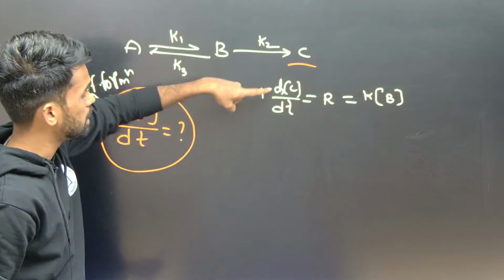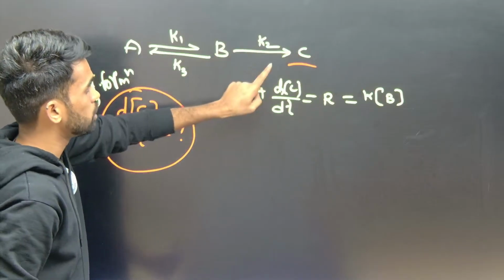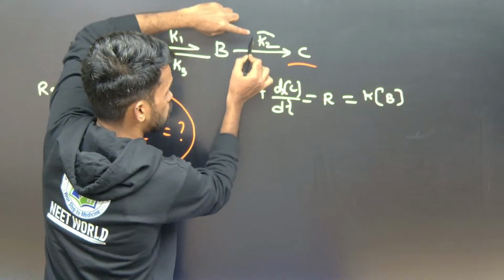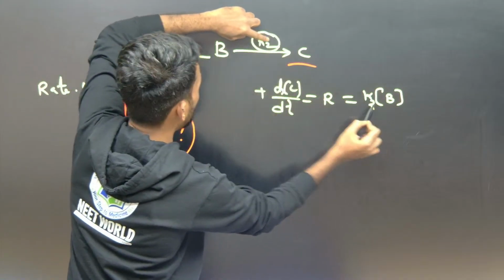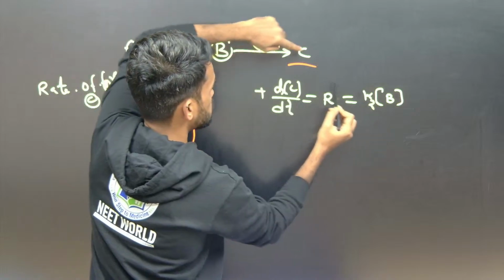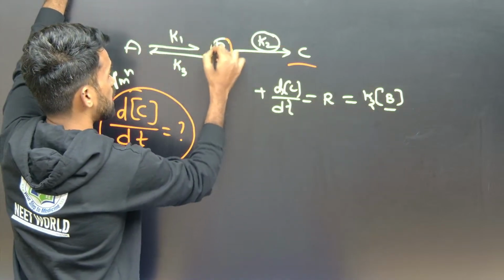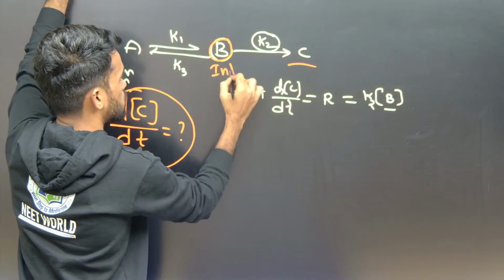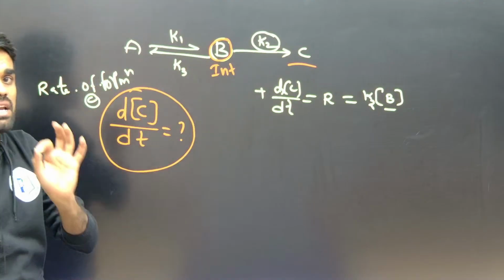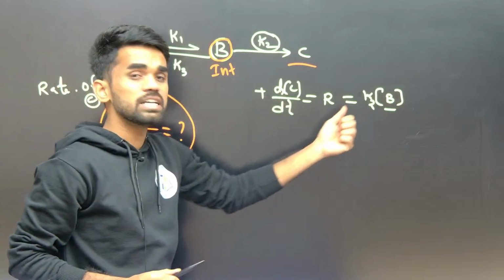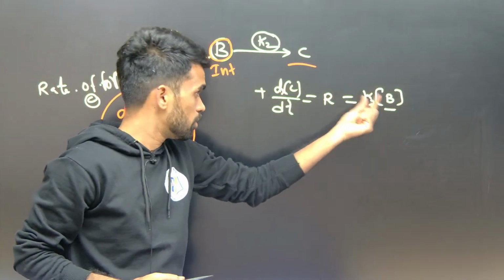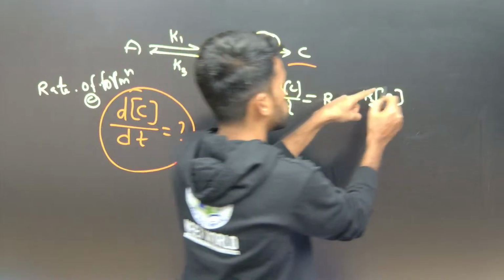See, whenever they say rate of formation of something, you need to write its constant K2 multiplied with its reactant. I mean, for this particular product this will be the reactant. But you know, this is not our exact reactant, this is our intermediate during the reaction. So whenever we are writing a rate law, the intermediate should not be indicated.